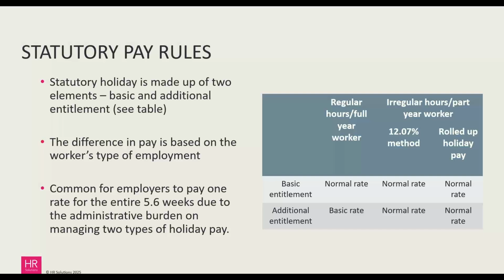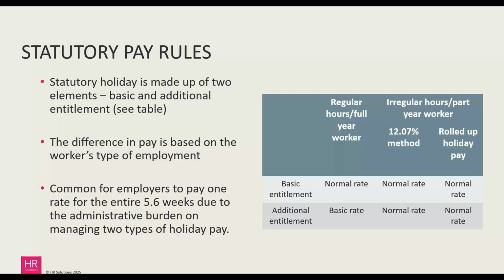For those who work regular hours full year, for the basic entitlement, which is your 4 weeks, they get paid holiday at the normal rate. But for the remaining 1.6 weeks, technically from a statutory position, employers only need to pay the basic rate.